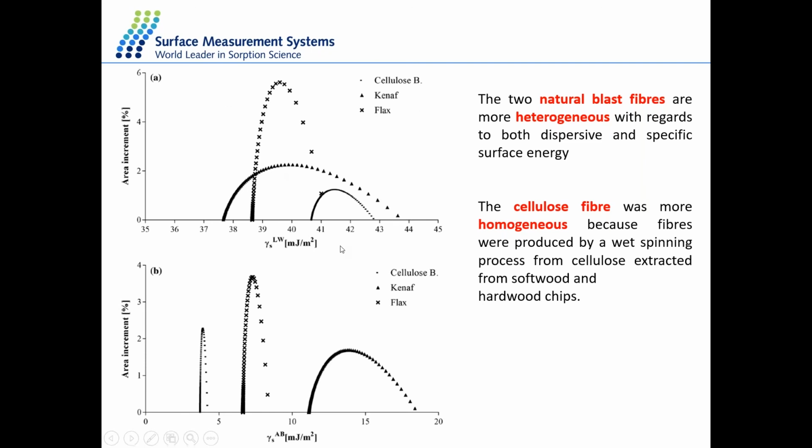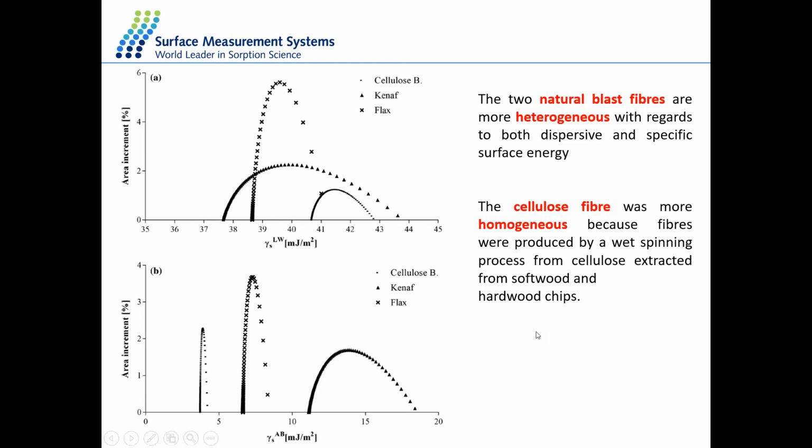In this plot here, we're looking at the dispersive surface energy, and here we're looking at the specific surface energy. But what you can immediately see is that our dispersive surface energy contributes a lot greater than the specific surface energy. We can also see that the two natural bast fibers are much more heterogeneous with regards to both the dispersive and the specific surface energies.